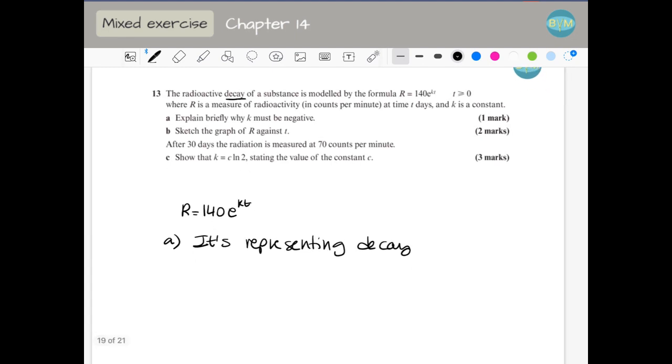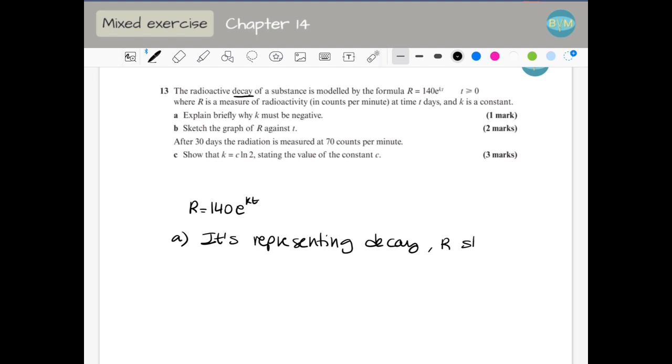So R should decrease with time. That means k must be negative. Therefore, k must be negative, yeah?